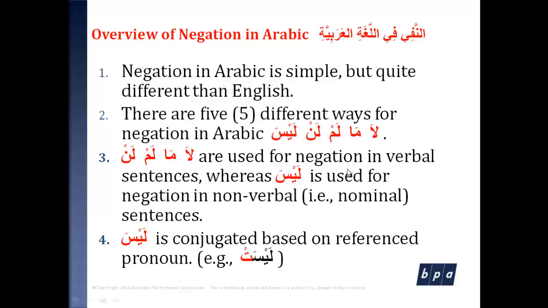So again, 5 articles are used for negation, 4 of which are used in verbal sentences, which are لا, ما, لم, لن. Laysa is used with nonverbal nominal sentences.